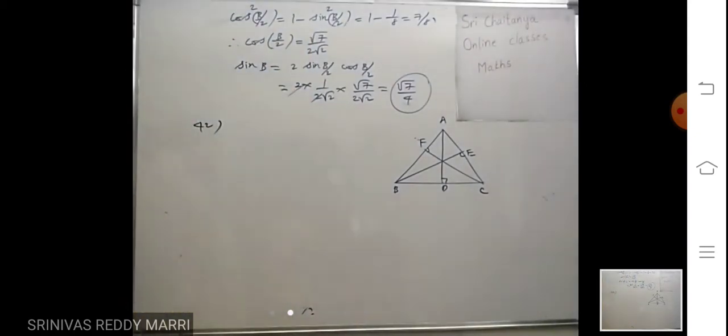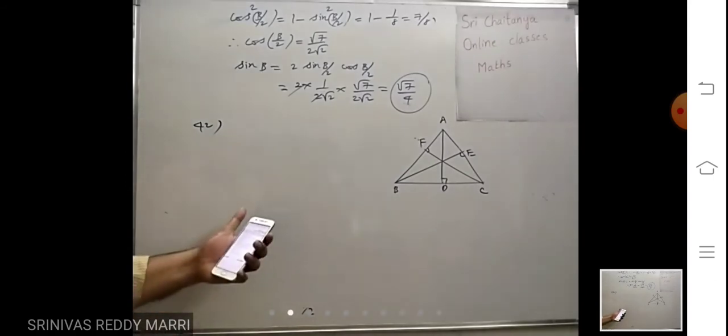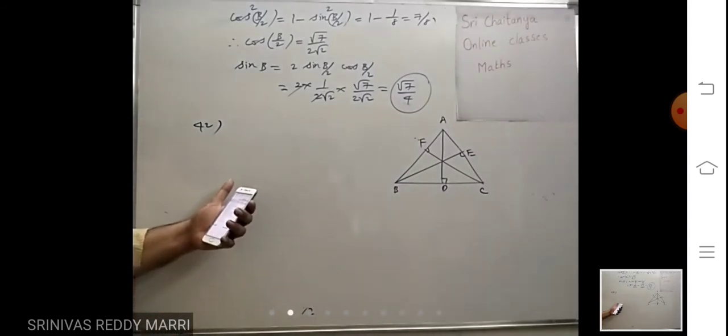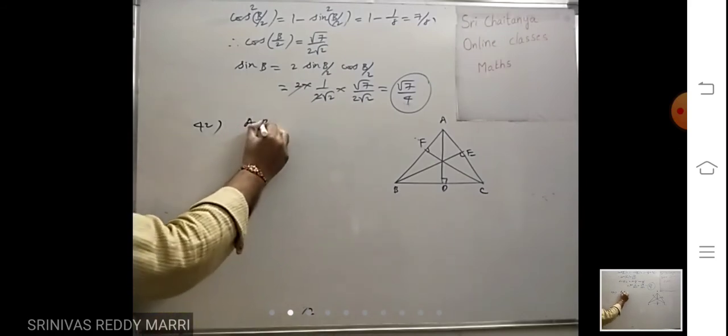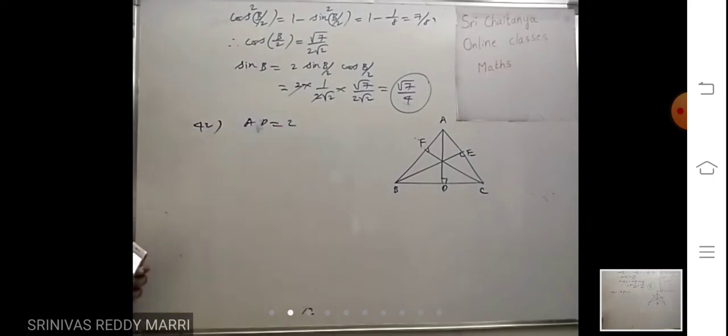These are the altitude lengths given. So let us say AD is one altitude, let us say 2 is given. Anything you can take.